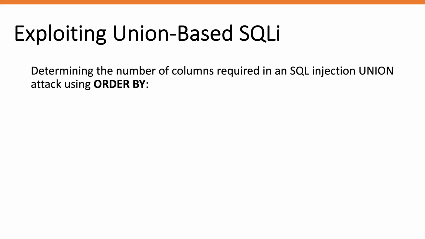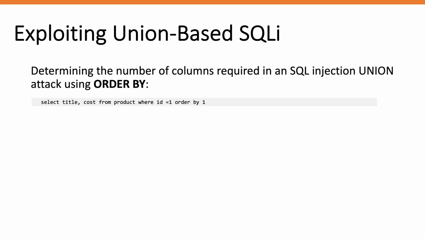Okay, so I said there's two different ways of determining the number of columns that are required in a SQL injection union attack. One of the ways is using the order by clause. Now, this clause orders the result set of a query by a specified column list. So let's take an example.